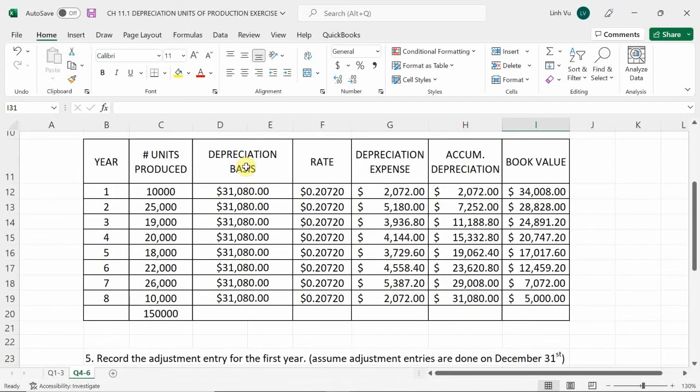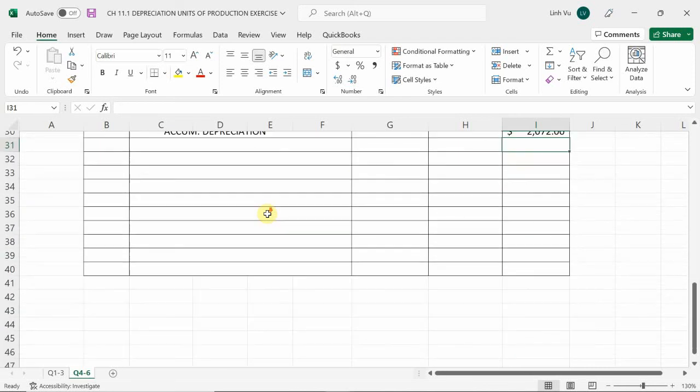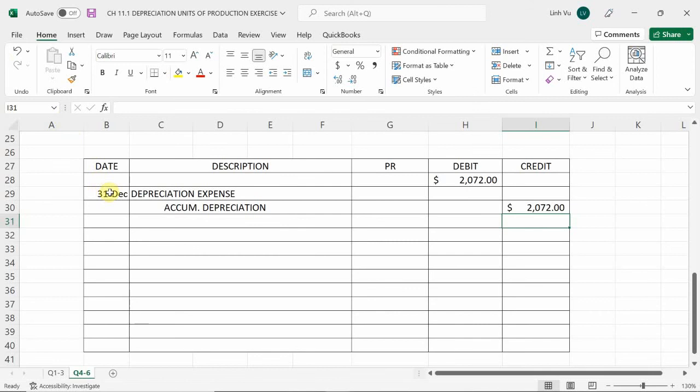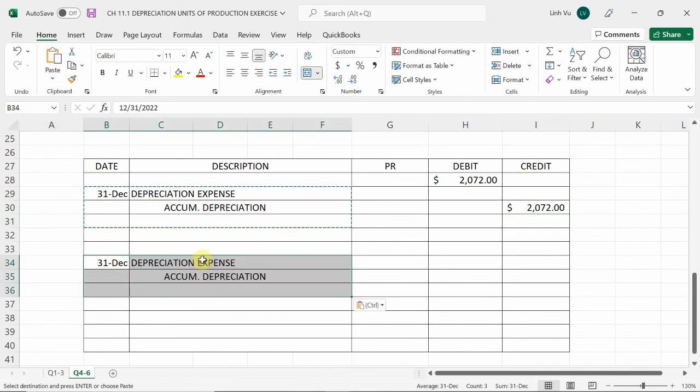Depreciation expense 5,180. Excellent. So in this case, you're going to have the same exact journal entry, except obviously the year is different.